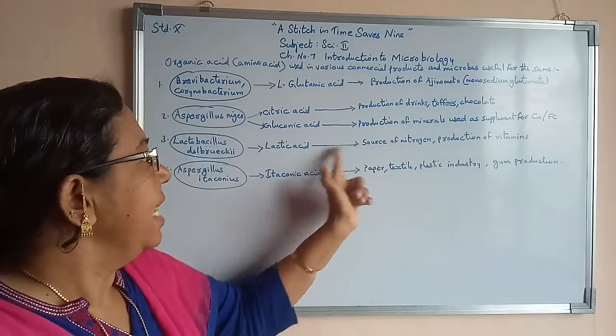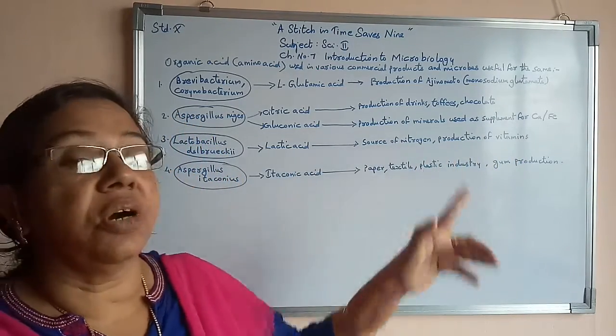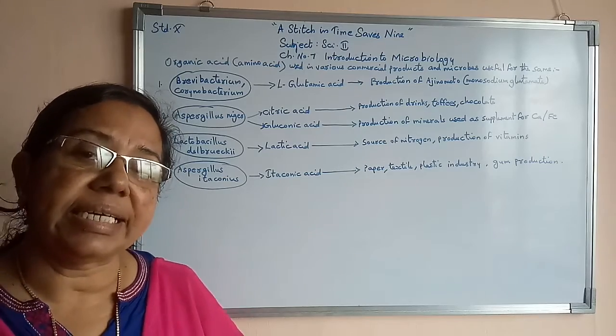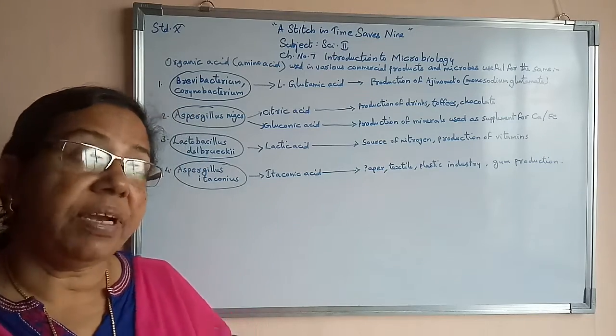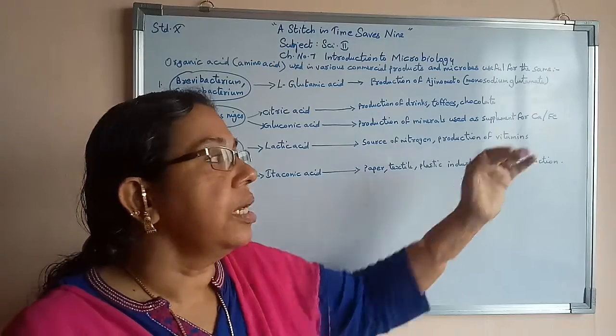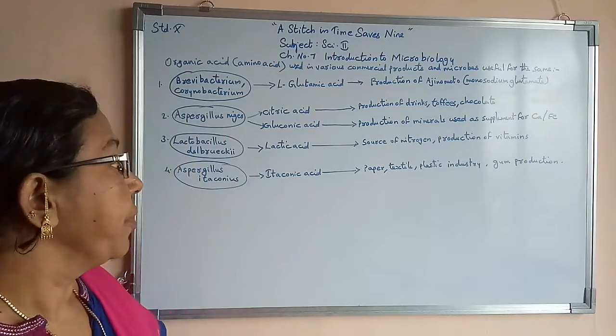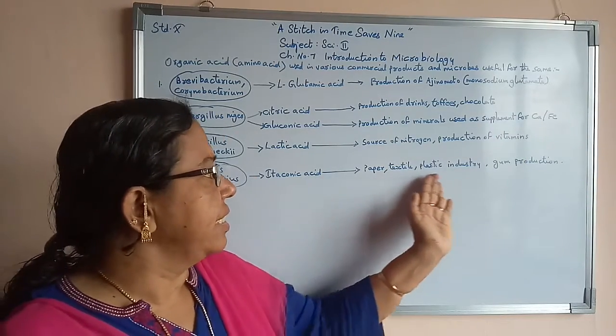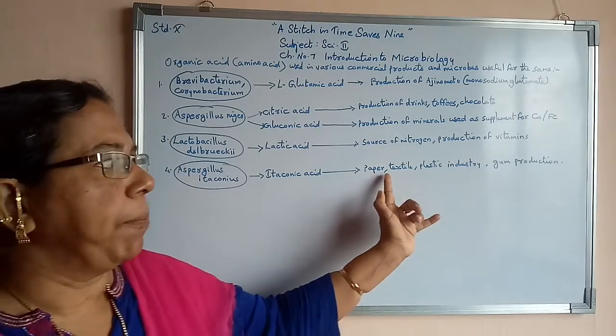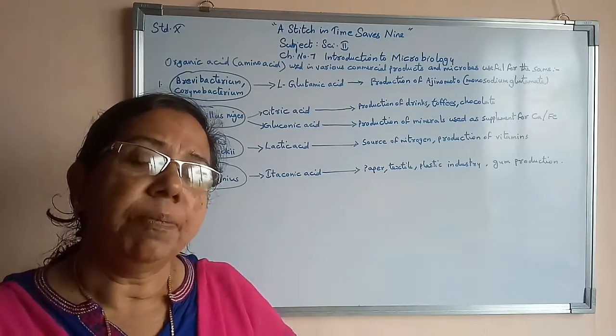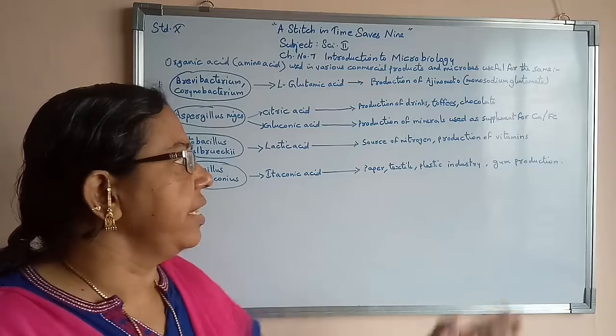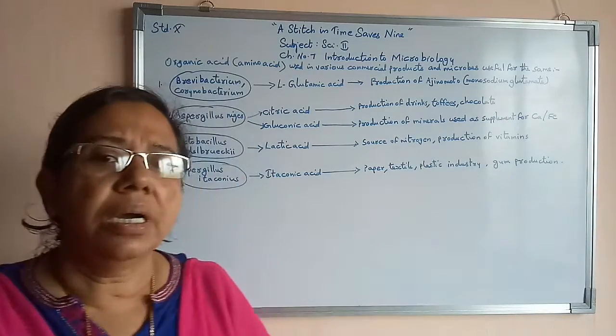Even we can say lactic acid is a source of nitrogen. In the lactic acid, nitrogen will be there. Now itaconic acid is utilized in the paper, textile as well as plastic industry. Even it is used for the production of gum.